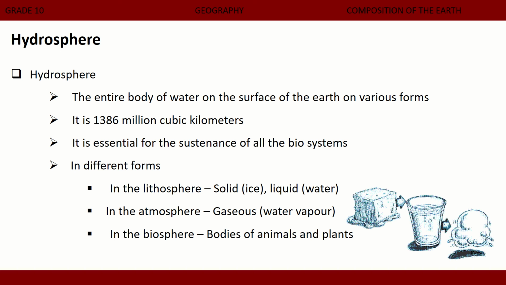We can see water in different forms. In the lithosphere, it is available in solid and liquid form as ice and water. In the atmosphere, it is in gaseous form as water vapor. In the biosphere, it is distributed in bodies of animals and plants.